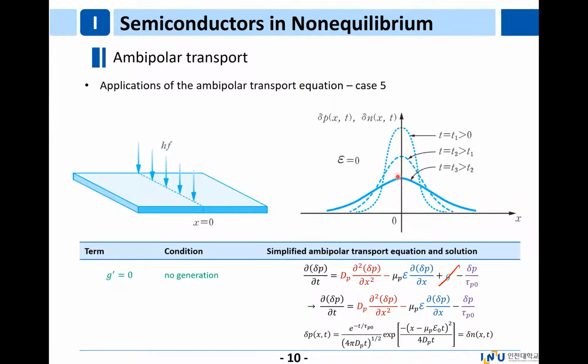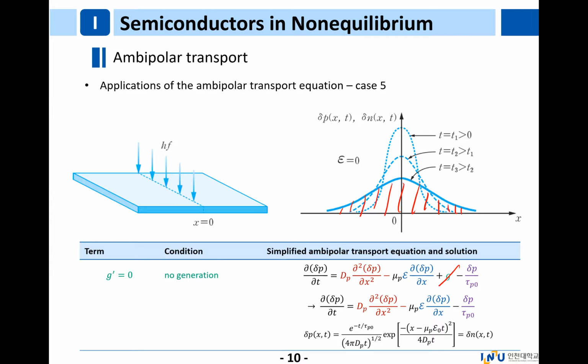Additionally, if excess carriers do not undergo recombination, the area under the curve will remain constant despite the reduction in the peak due to the diffusion, right?